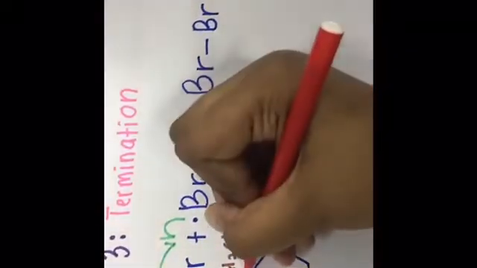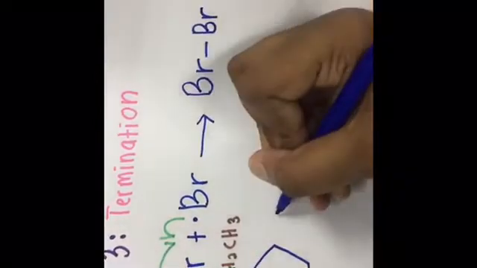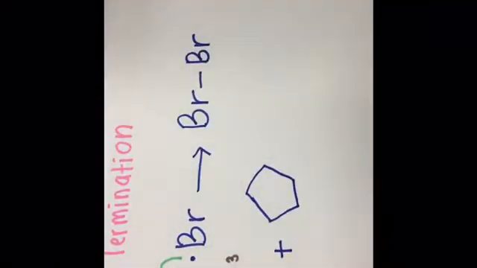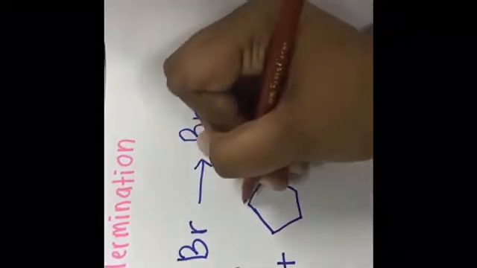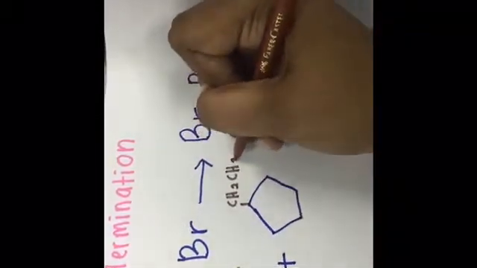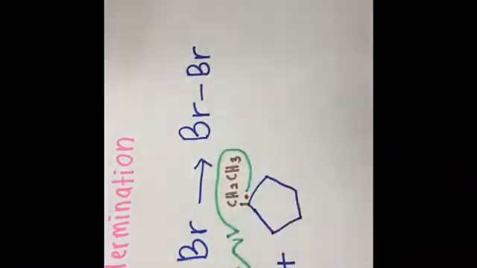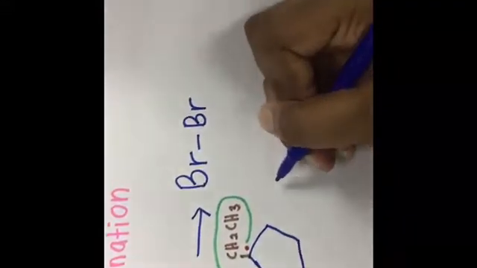For the second step, the compound with the dot plus the compound with the dot also. We also will show this with the half-headed arrow and it will produce the compound as shown in the video.